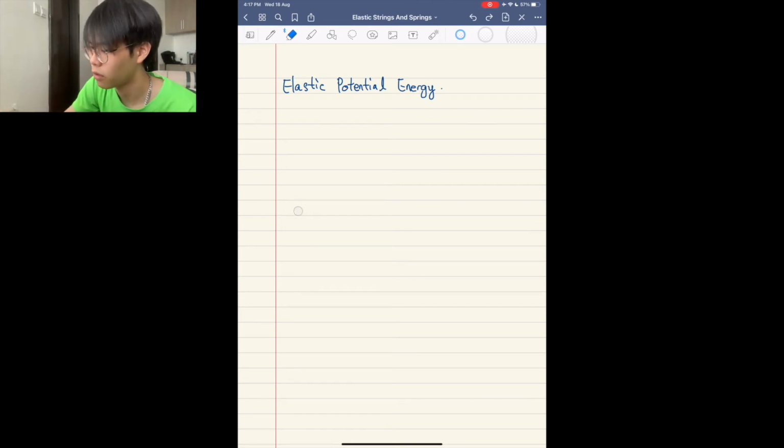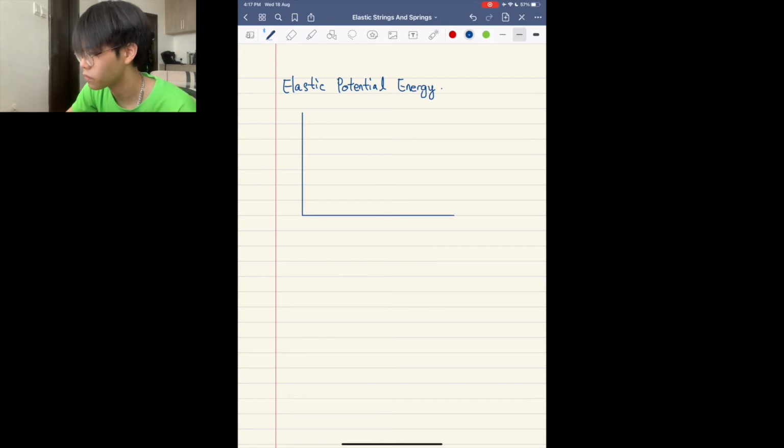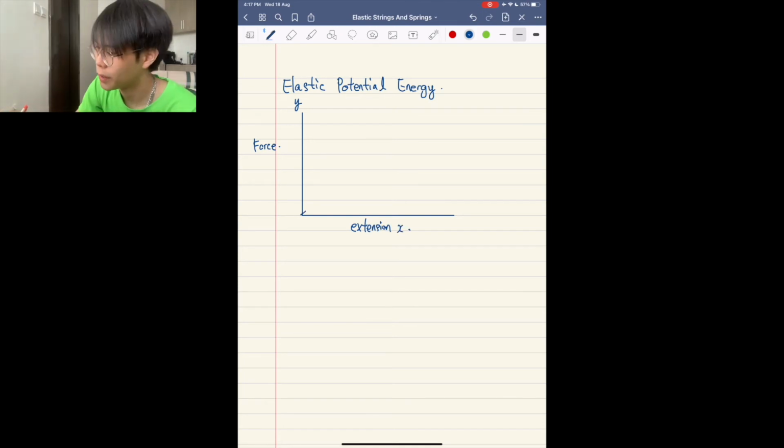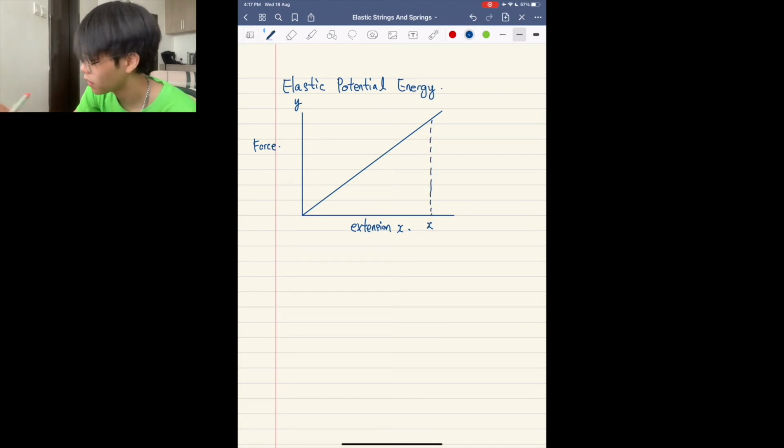So how to calculate elastic potential energy? In terms of a graph, we have force on the y-axis and extension on the x-axis. For example, we have a linear graph, and this is x.